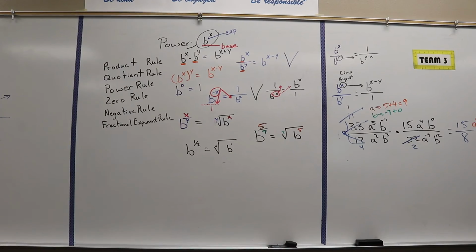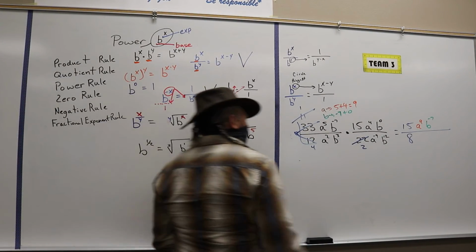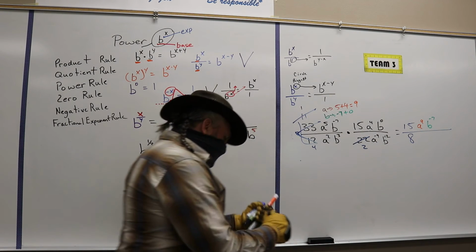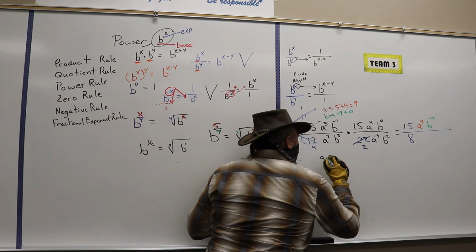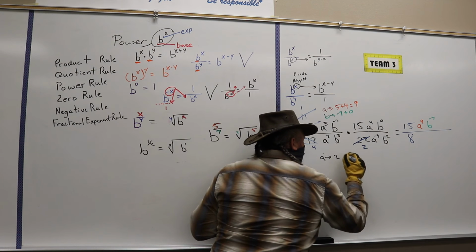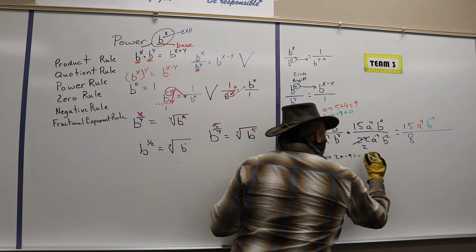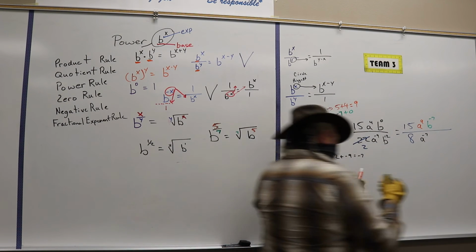Then we have a squared times a to the negative 9th. So what I do there is I say a has a 2 plus a negative 9. So that equals negative 7. So I have a to the negative 7.